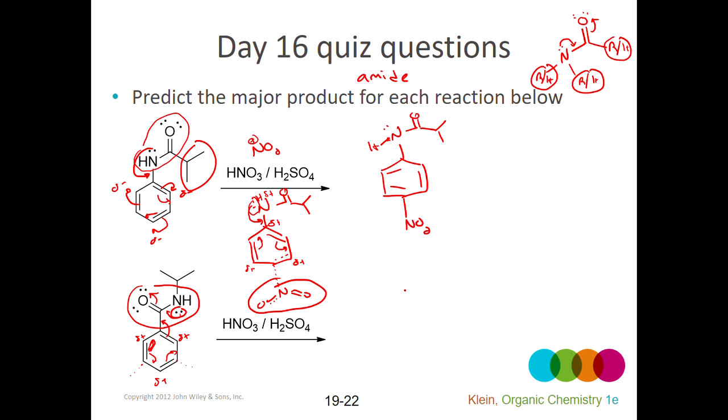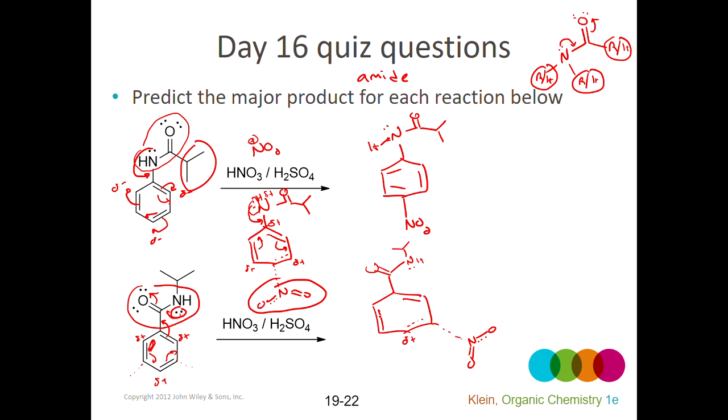The reason for that is because when we look at the transition state, if the reaction occurs at the meta position, it will pull electrons away from the other carbon there. So you might say, well, the para position has less sterics, so why would it go to the meta position?